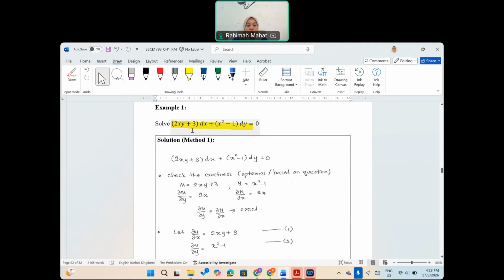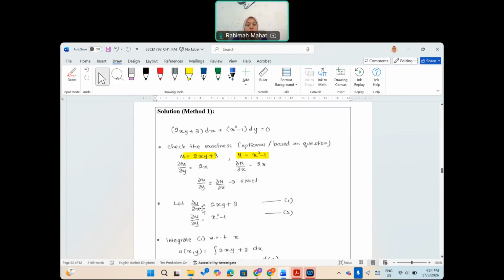So this is your M and that is your N. You identify which is your M and which one is your N. You differentiate, find the partial: delta M over delta y, you will get 2x, and delta N over delta x, you will get 2x. So these are equal, and that is exact.